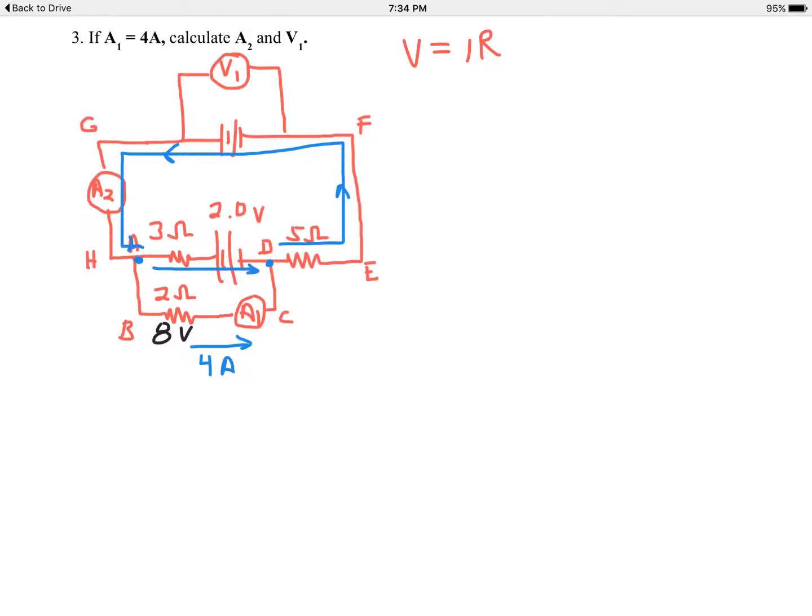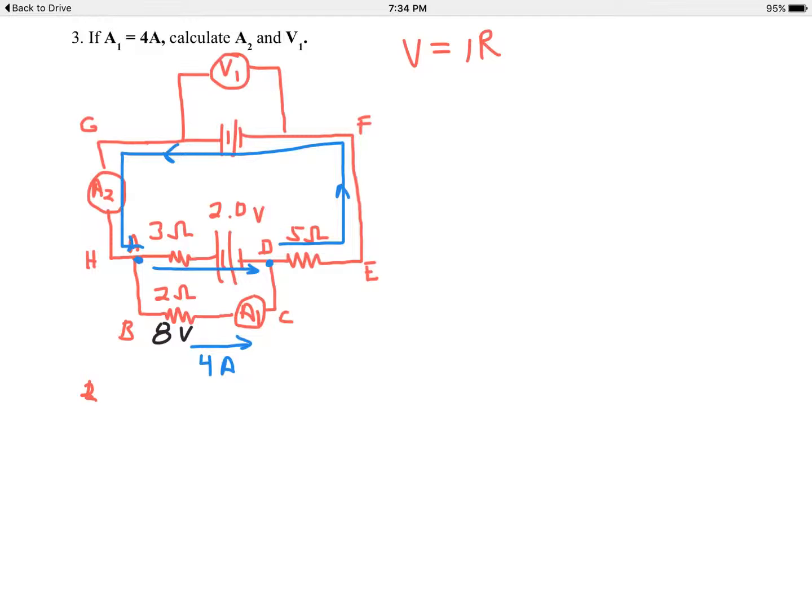But if I look at this little A, B, C, D, A loop at the bottom here with that 2-volt battery, I know that there are 3 elements there, the 3 ohm resistor, the 2 ohm resistor, and the 2-volt battery. And Kirchhoff's second law says in any loop, the voltages must add up to 0.